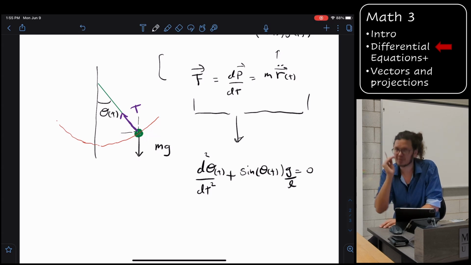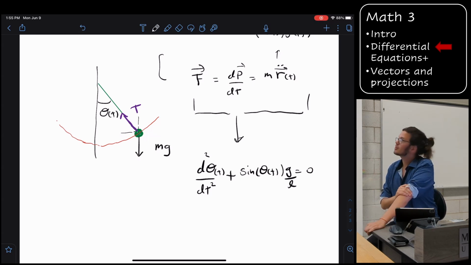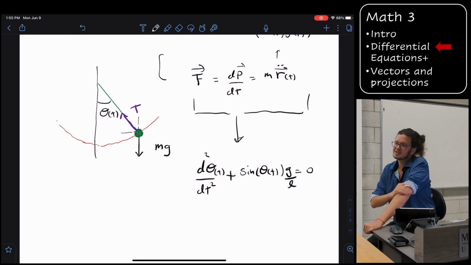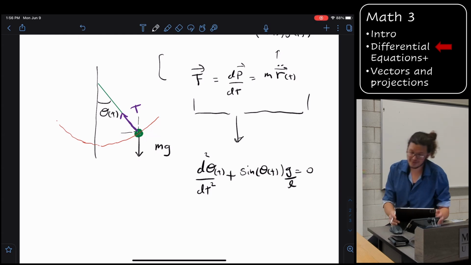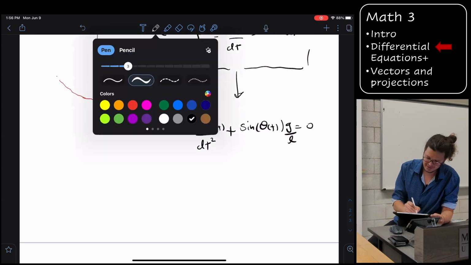So now, my question for you all, does this equation look like any equation that you have solved so far? You remember the two differential equations that you were tasked to memorize? That looks like the second one. Kind of. Can you tell me how the second one looked like?